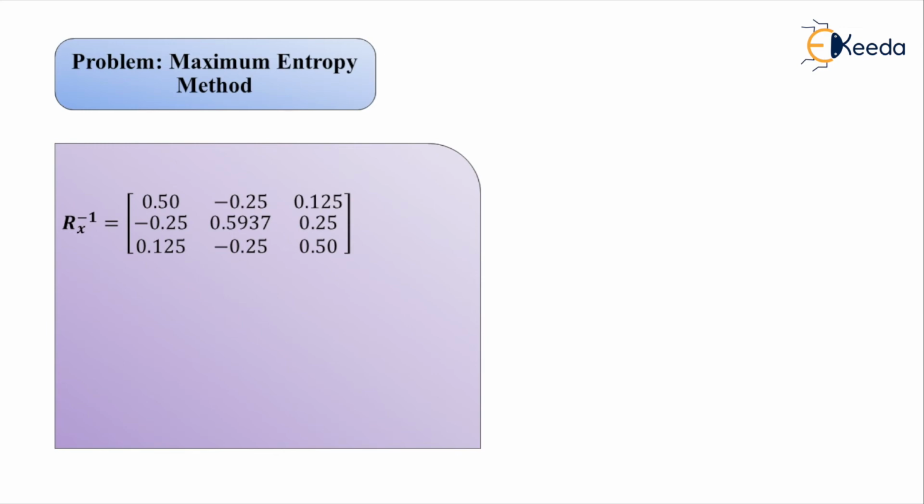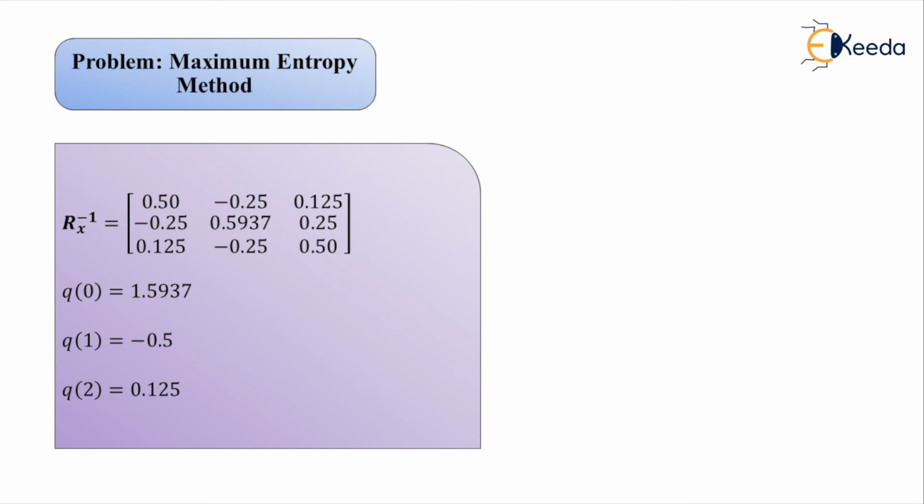So therefore, for the representation of the second order minimum variance power spectrum estimate, we extract the coefficients from this, that is q of 0 is equal to 1.5937, whereas q of 1 is equal to minus 0.5 and q of 2 is equal to 0.125.